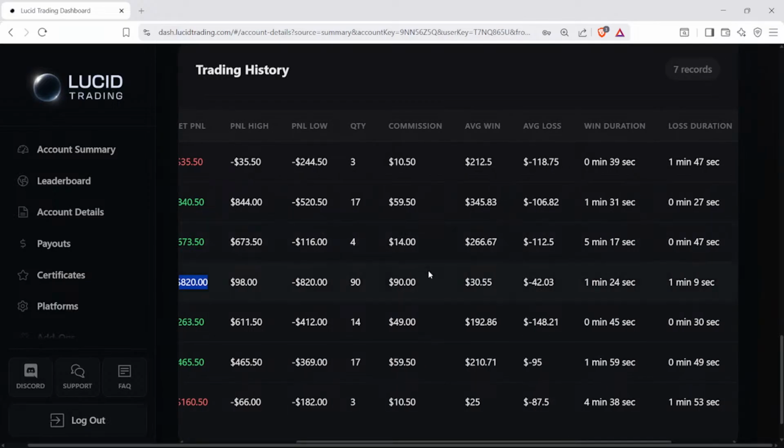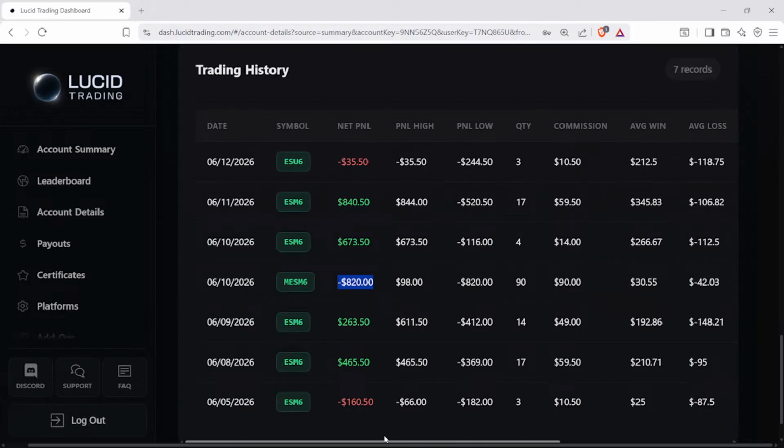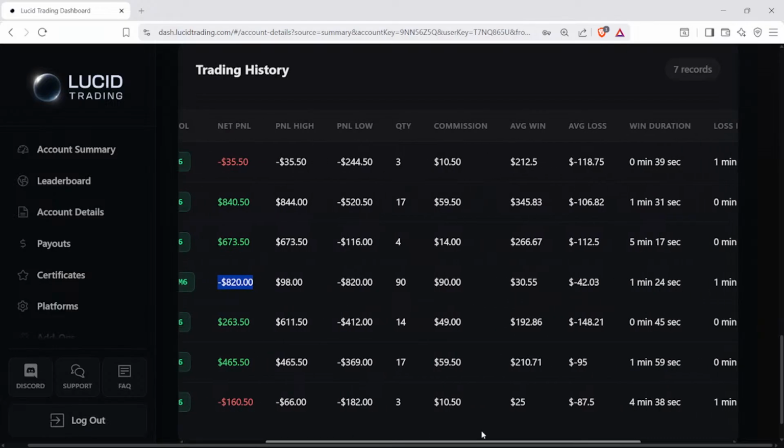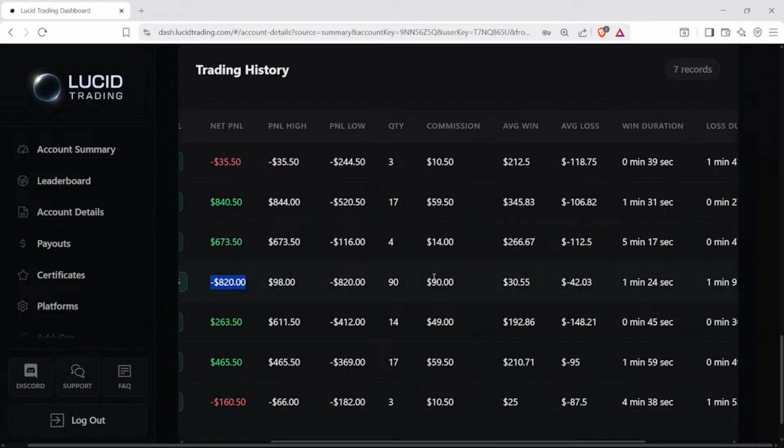Let me see. Commissions on micros is higher than on ES. So if 10 micros is equivalent to 1 ES, I traded 9. So that's $10 per ES. Up here I traded 17 contracts and only paid $59.50.